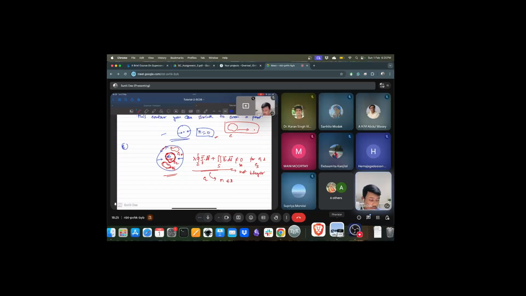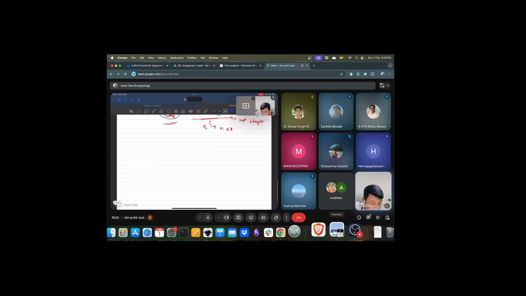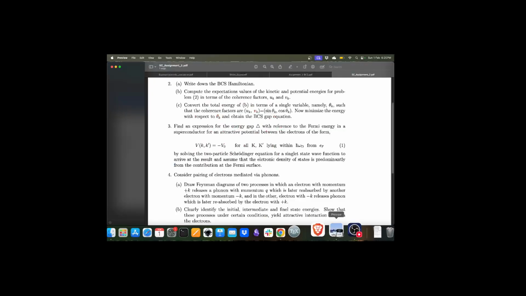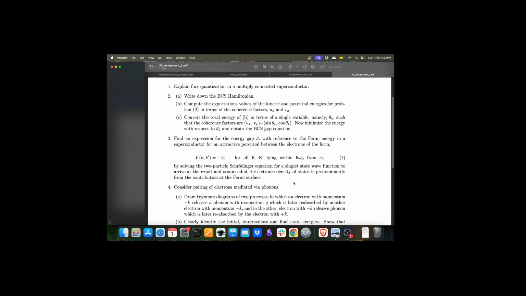Okay. So the next question has three parts. Write down the BCS Hamiltonian and then compute the expectation values of kinetic energy and potential energy for problem 2, in terms of coherence factors u_k and v_k.